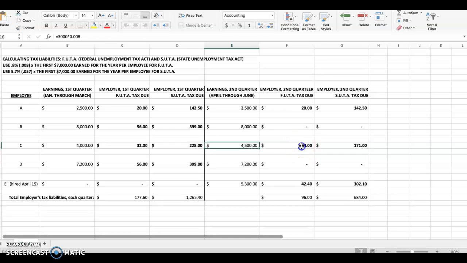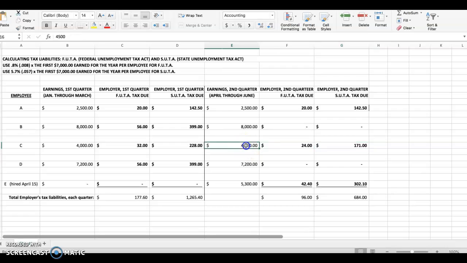Let's take a look at, first of all, the federal and look at the formula up above, and it will show 3,000 times 0.008. For the state, it will show 3,000 times 0.057. Now we know where the percentages came from, we've been using those, but where does the 3,000 come from?